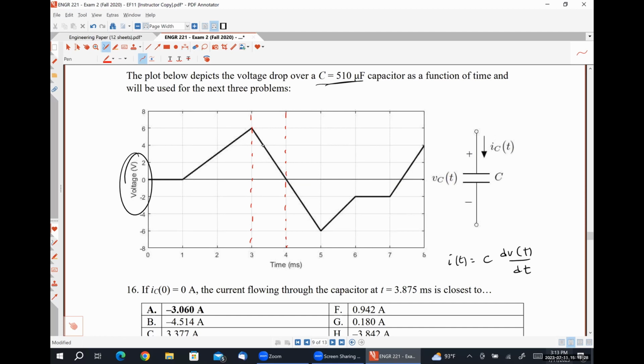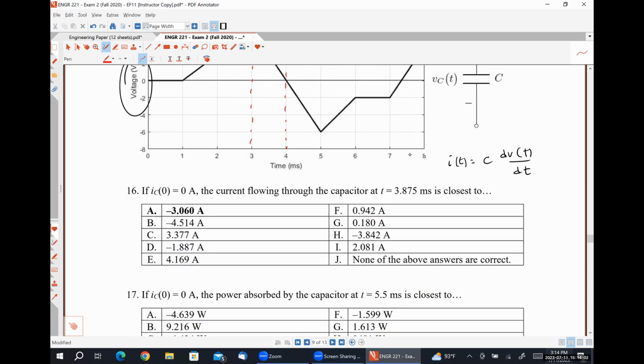And we're going to divide that by 4 minus 3. But that 4 minus 3 is in milliseconds. So we need another factor of 10 to the minus 3 there in the denominator to give us the right units. So numerically, if we didn't do that, we'd be getting like 3.06 kiloamps. So it's not going to make that much of a difference if you're not paying attention to the units here, but I like to be consistent with the units.